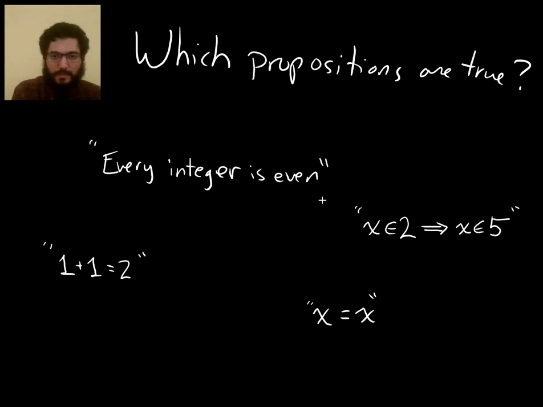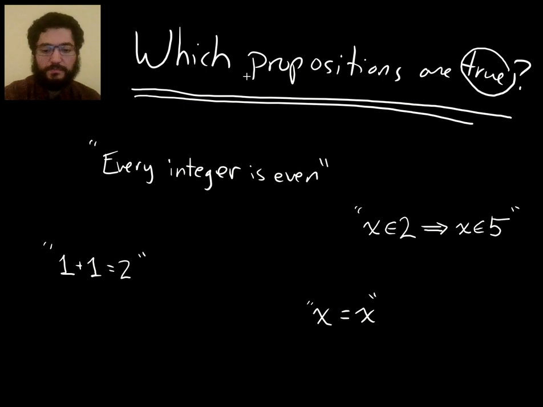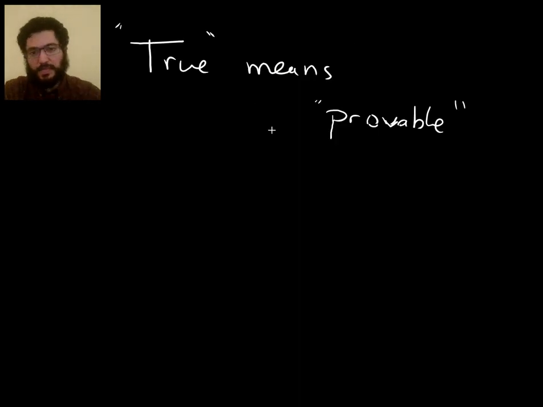And to address this, we need to decide what we mean by true, and we actually will give the word true a very specific meaning. So we will say that a proposition is true if it's provable. So we're just going to agree that true means provable.